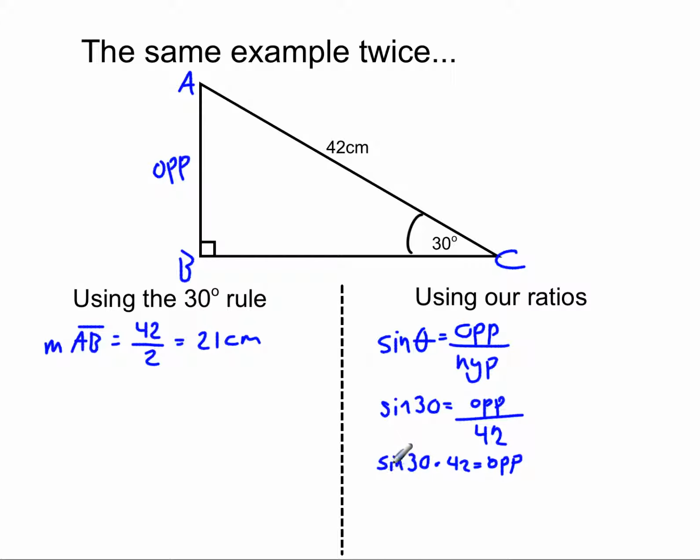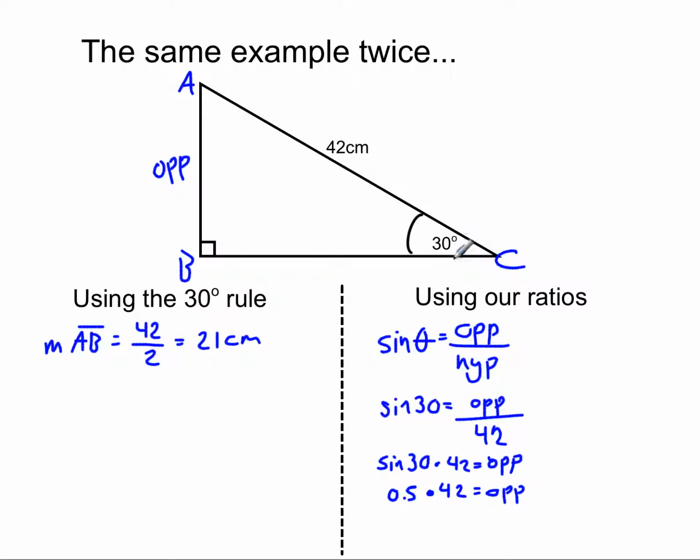Plug sine of 30 into your calculator. You're going to find that you'll get, not surprisingly, 0.5, a half. So a half of 42 will equal the opposite.